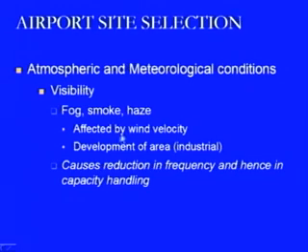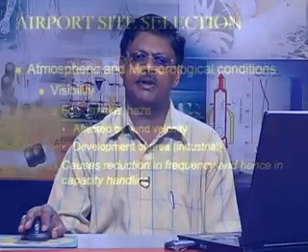And these things are also affected by the wind velocity. It depends in what direction the wind is blowing and at what velocity. We may find that this fog or smoke or haze gets removed from the airport very fast. At the same time, another thing which creates an effect, as I have just discussed in the case of smoke, is the development of any area.